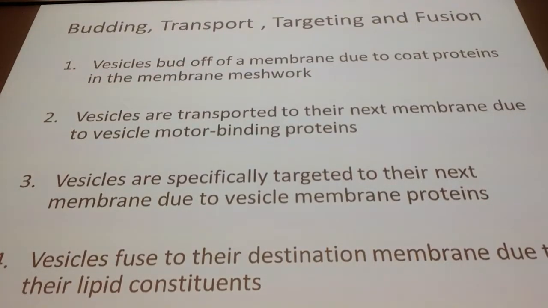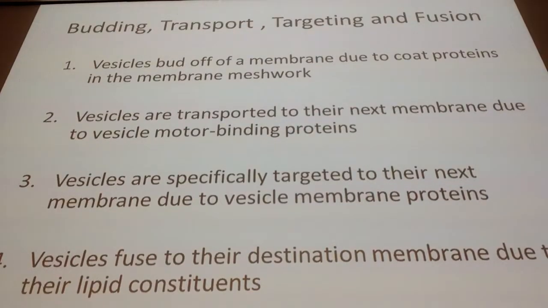The lipid signature is not just the lipid signature of each membrane, but each leaflet has its own lipid signature. So the non-cytosolic leaflet of the plasma membrane has a different lipid signature than the cytosolic leaflet of the plasma membrane. So again, we can determine that once cytosolic, always cytosolic, once non-cytosolic, always non-cytosolic. So you know which leaflet is the cytosolic leaflet of the plasma membrane and which is the non-cytosolic one.